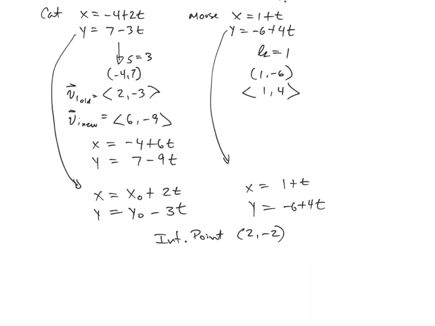Okay, we also know that if we put that point into the mouse equations, (2, -2) equals (1 plus t, -6 plus 4t), when does the mouse reach that point? Obviously when t is equal to 1, right?